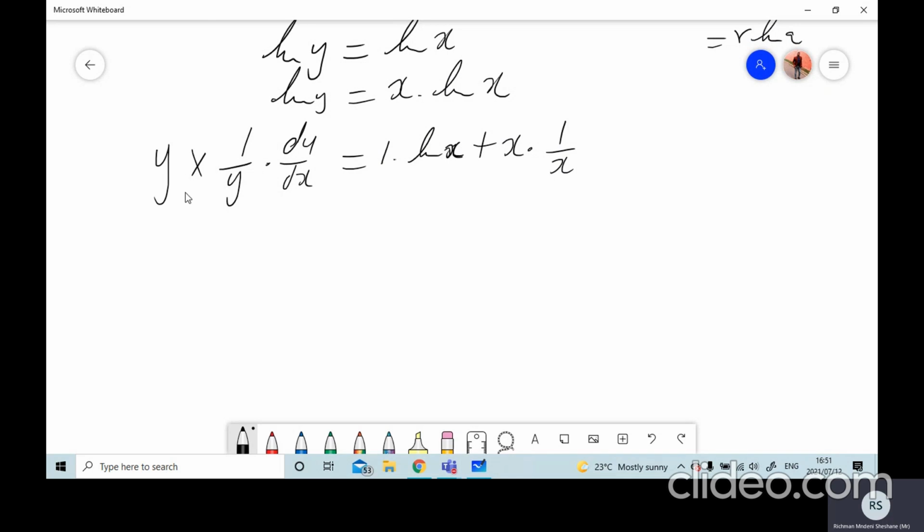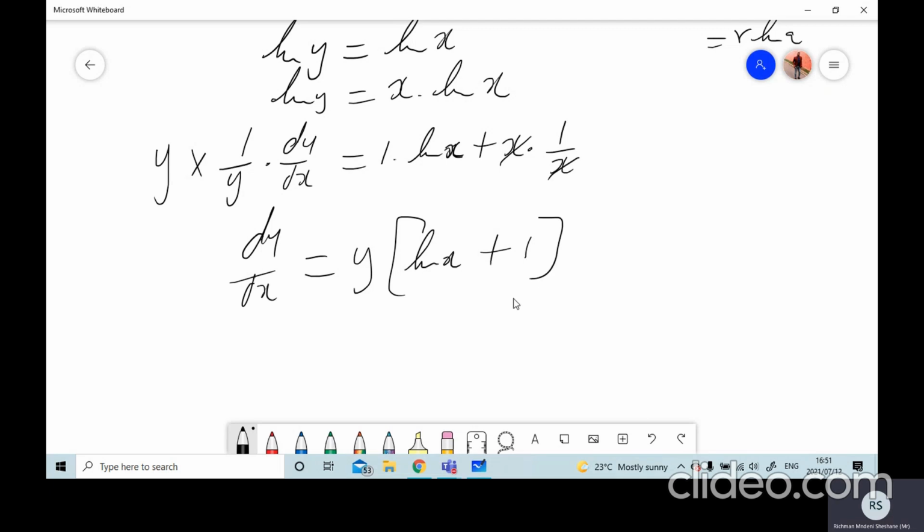On the left-hand side, y will cancel, so we'll have dy/dx equal to y multiplied by everything on the right-hand side. It will be y times (ln x plus 1), because x and x will cancel there.